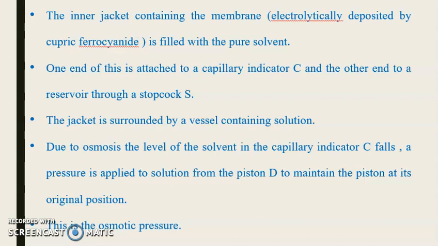One end of this is attached to a capillary indicator C and the other end to a reservoir through a stopcock S. The jacket is surrounded by a vessel containing solution. So there is pure solvent, semi-permeable membrane and solution. What will happen? There will be osmosis.